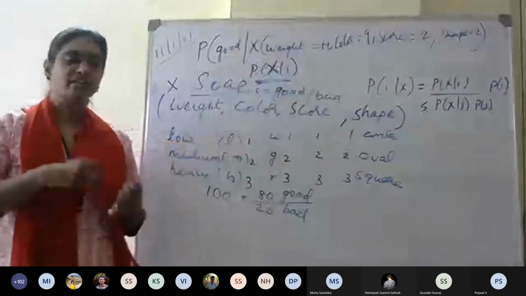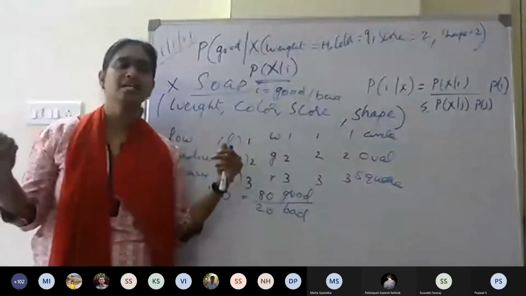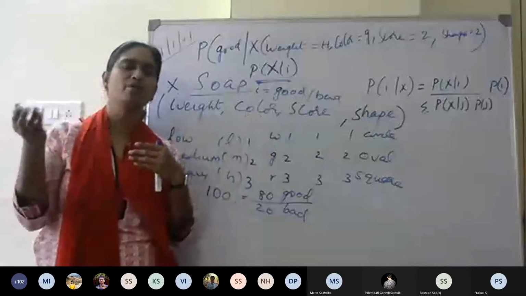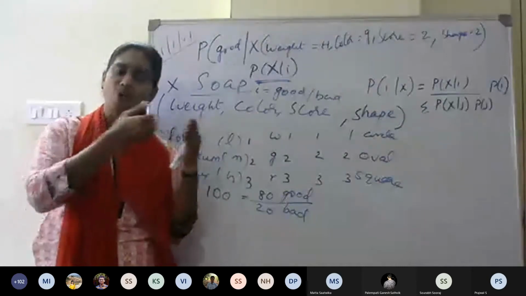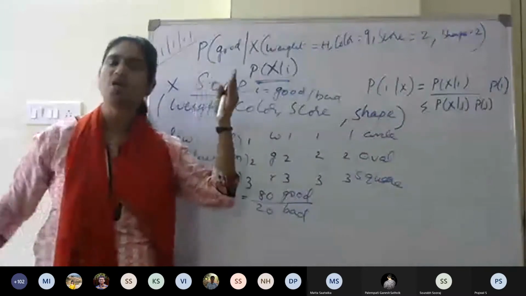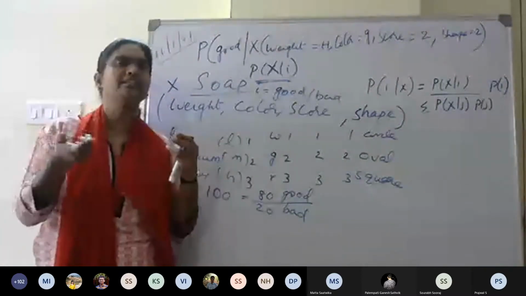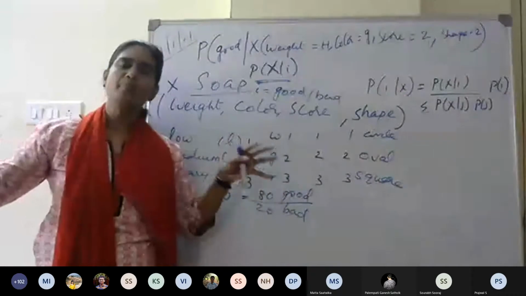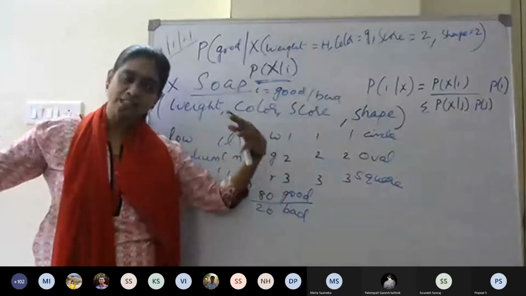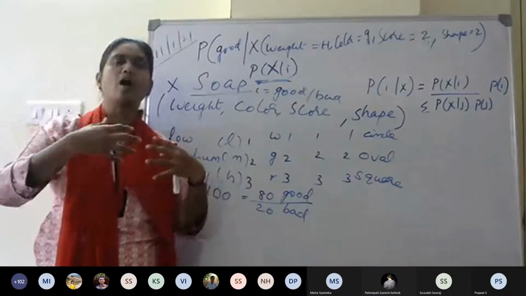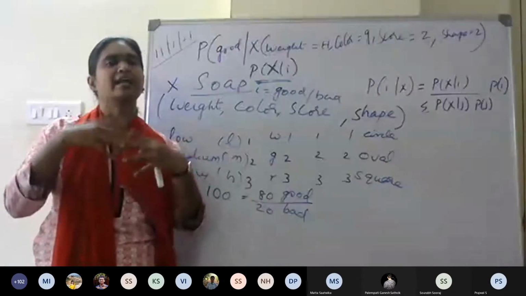I have chosen only 4 features; you can assume some more. When you have more features and a large volume of data, with more combinations of features, the question will arise whether all the combinations yielding good and all the combinations yielding bad can exist.